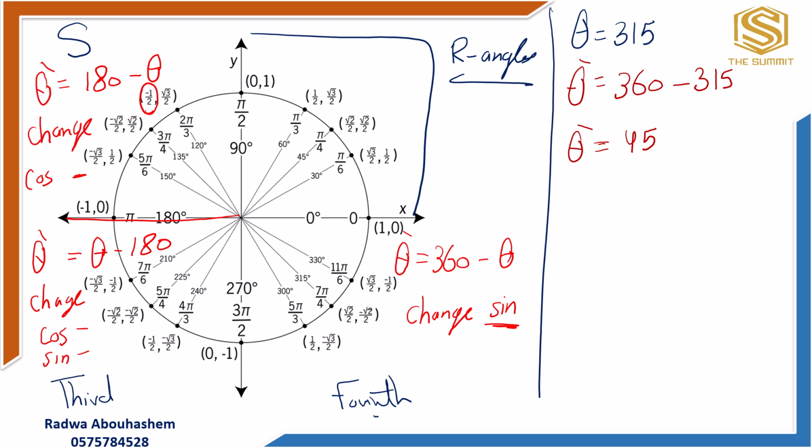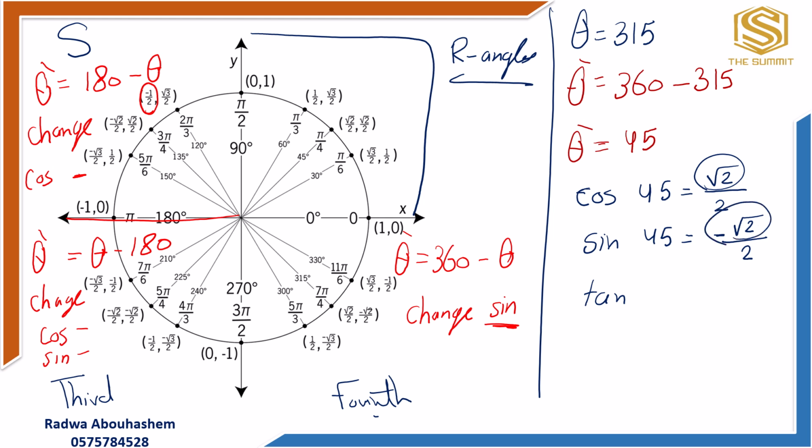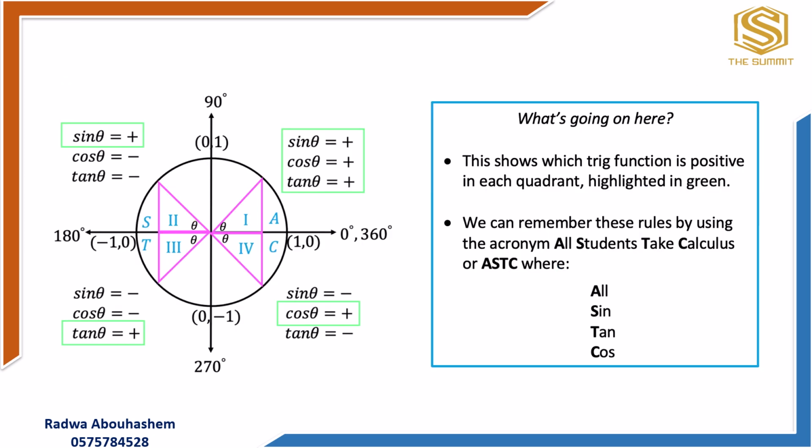So here, the cosine of 45 gives me root 2 over 2, but I have to change the sign. Here, it will be negative root 2 over 2. What about the tan? I'm just dividing root 2 over negative root 2, so it would be negative 1.